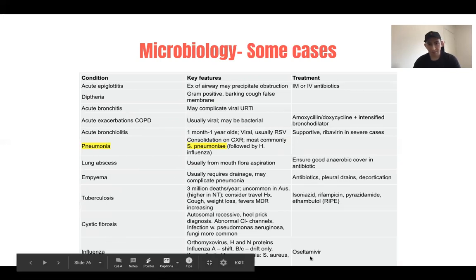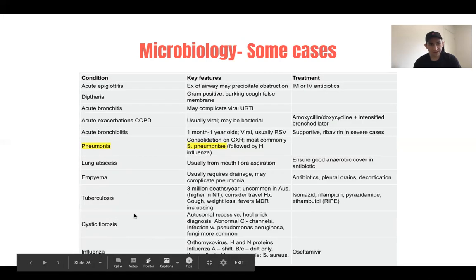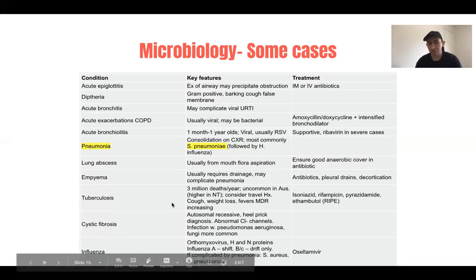Influenza, again, is probably the only viral one where you'd actually give an antiviral drug. And stuff like TB, you probably would have already done this, but you have the RIPE: rifampicin, isoniazid, pyrazinamide, and ethambutol. And it might just ask which one of the following medications is used to treat TB.